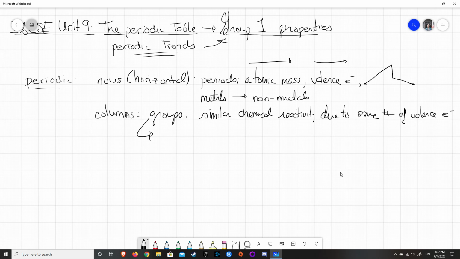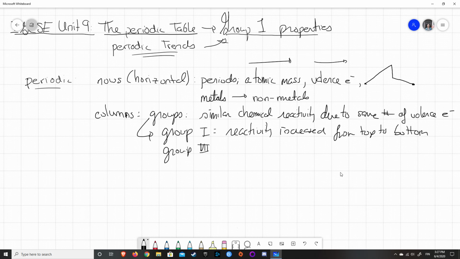And in these columns, what we saw for group 1, this is revision, and for group 7, is that for group 1 reactivity increased from top to bottom, and for group 7 reactivity decreased from top to bottom.